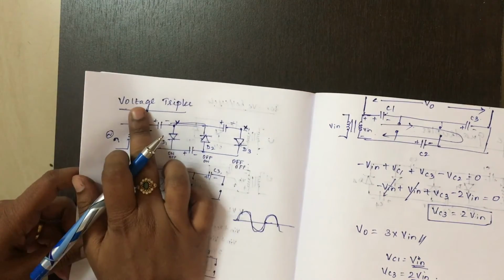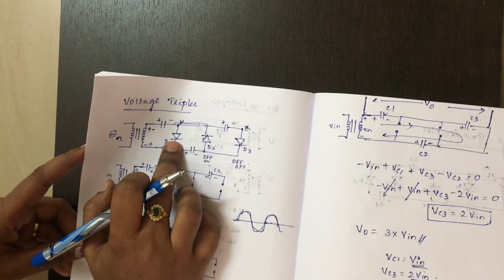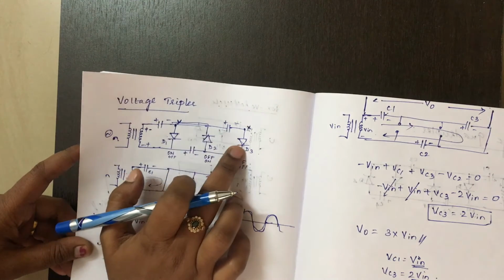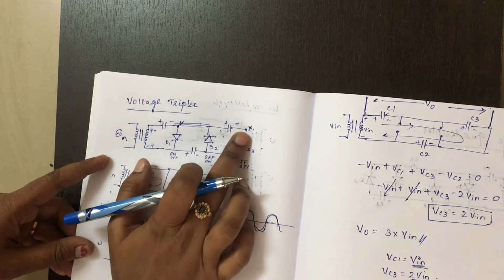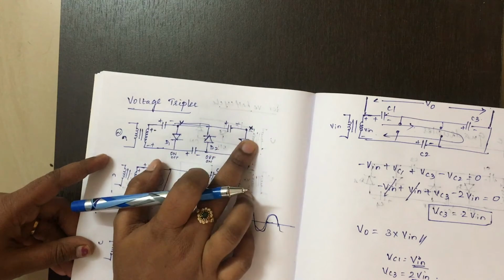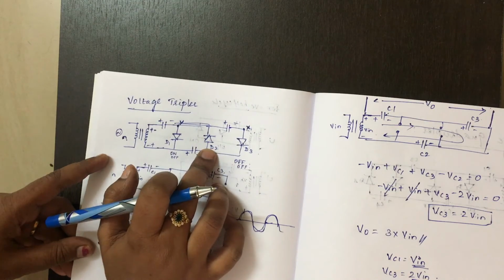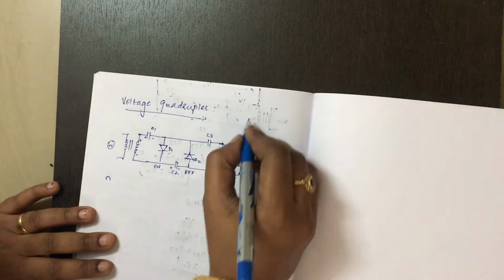For the voltage tripler also, for the first positive off cycle this will turn on, for the second positive off cycle only this will turn on. So for the first positive signal this will turn on, we will be applying a negative signal here. So this diode D2 will turn on for the first negative off signal. This is the input signal.